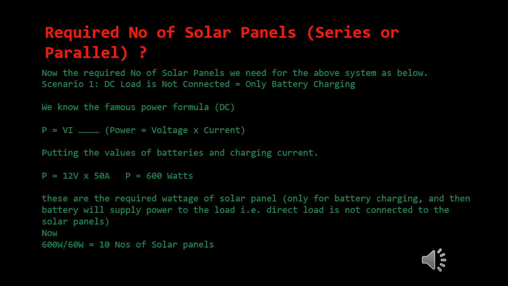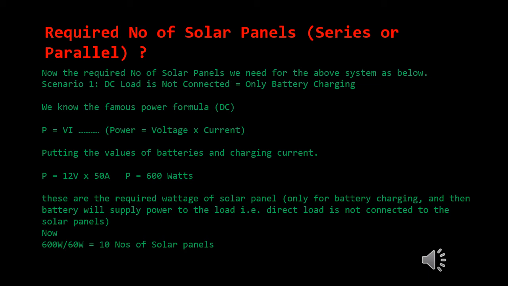The voltage of the batteries is 12 and our current is 50 amps. Therefore, we shall have 600 watts. This is the required wattage of solar panels only for battery charging, and then the battery will supply power to the load. That is, the direct load is not connected to the solar panels.